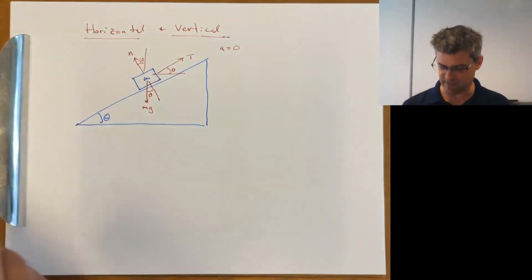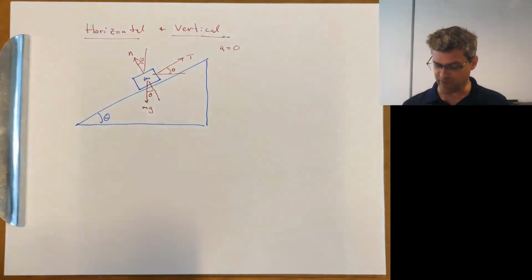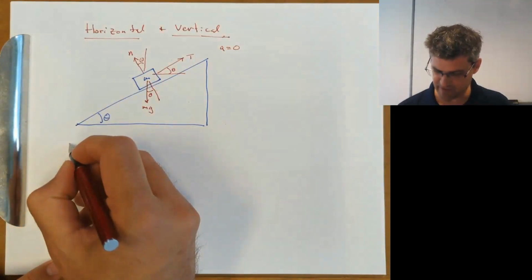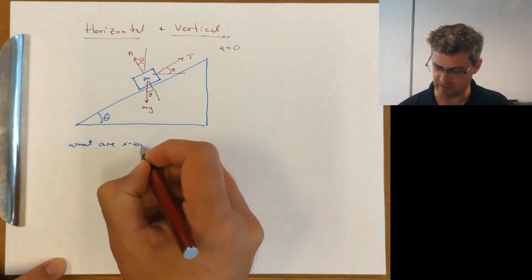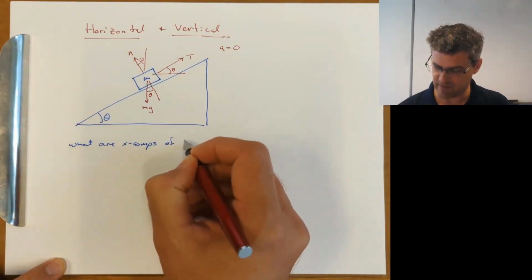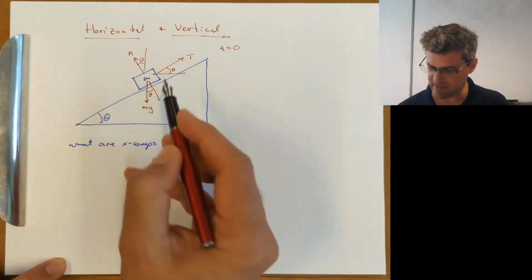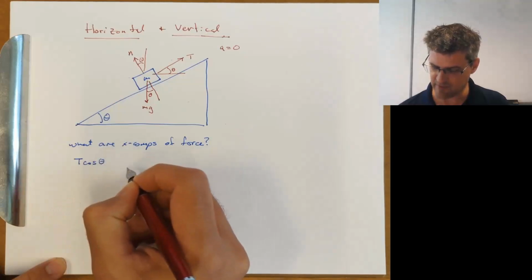If I'm doing this as a horizontal and vertical problem, I might want to look at what are the x components of forces. And I see T cosine theta to the right.